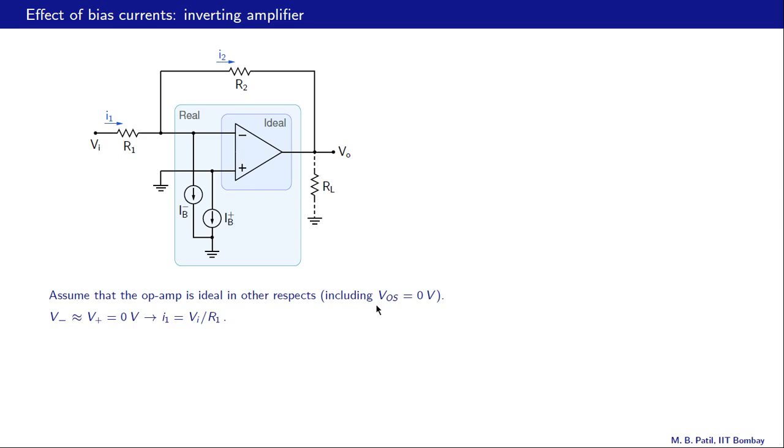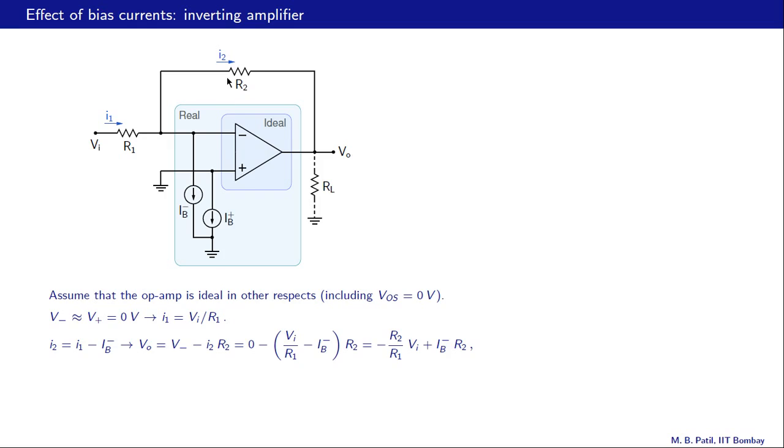So to begin with, since this is the ideal op-amp, V plus and V minus are the same. V plus is 0 and therefore V minus is also 0. And if V minus is 0, this current I1 is Vi minus 0 divided by R1, that is Vi by R1.